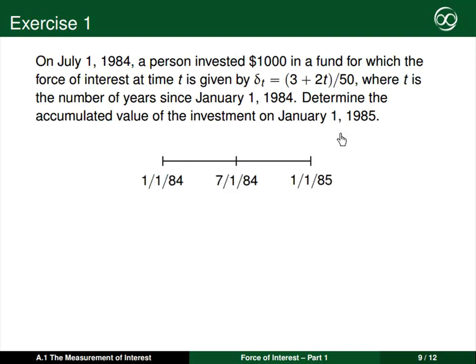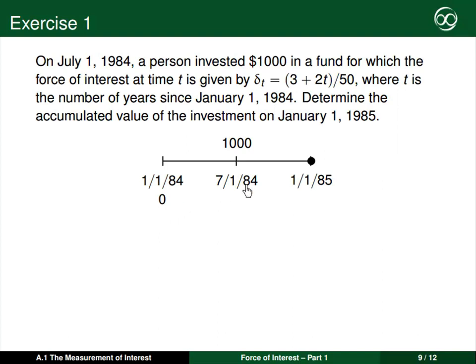So quick picture. Here's my time 0, 1/1/84, and here's when the investment is made on July 1st, 1984, so my $1,000 invested there. And I want to know the value of this investment on 1/1/85, so let's put a dot there. And just because this is given as a function of t, let's call this time 0, right, because t is measured from January 1st, 1984.